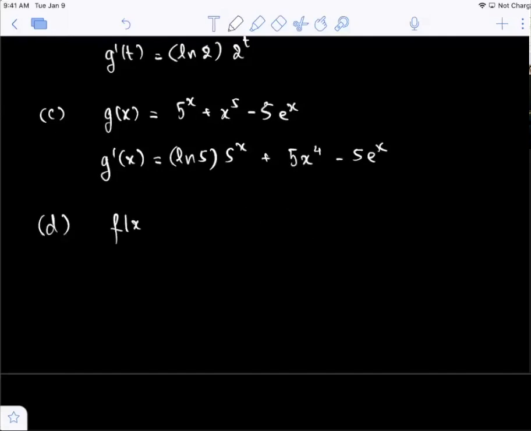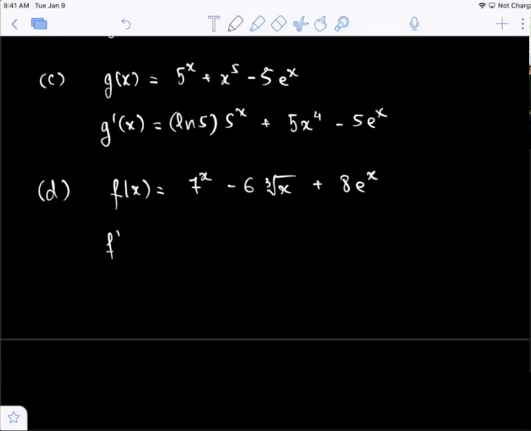f of x equals 7 to the x minus 6 times the cube root of x plus 8 times e to the x. So the derivative of this is 7 to the x prime minus 6 times x to the 1/3 prime plus 8 times e to the x prime.